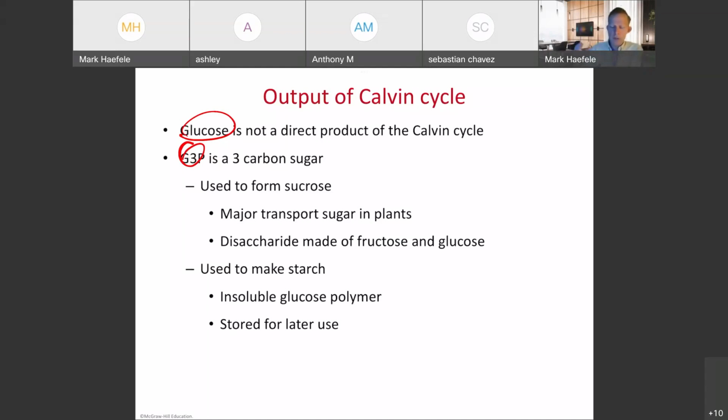However, you can put two of them together in order to make a glucose, and you can, of course, stitch these glucose together to create your insoluble glucose polymer, which is essentially your starch, and that's your storage for later use. So if you're making tons and tons of carbohydrate as a plant, and you're not needing it right about now because you've got good root growth, then you can start storing this G3P in the form of starch.